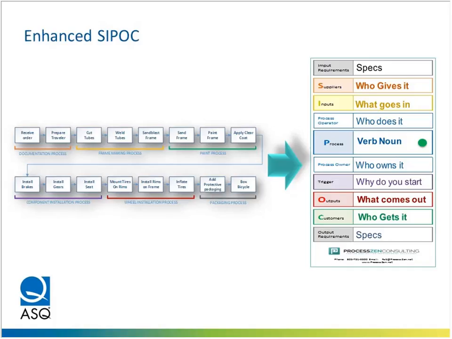Once we know who the supplier, the input, the process, the output, the customer are, one way to make sure that we have not skipped anybody and to also start identifying opportunities for improvement is to ask for the step we're looking at, who does this step? Sorry, not who does it.